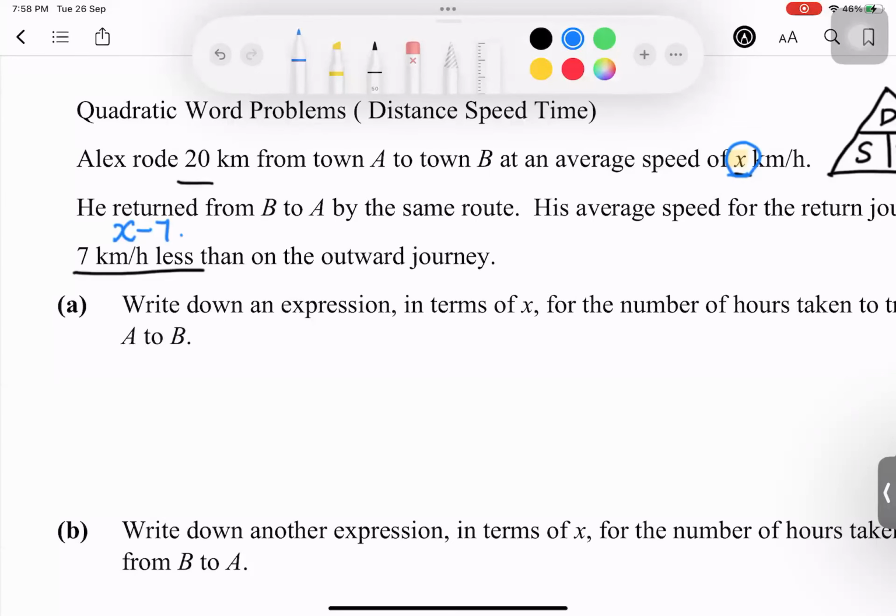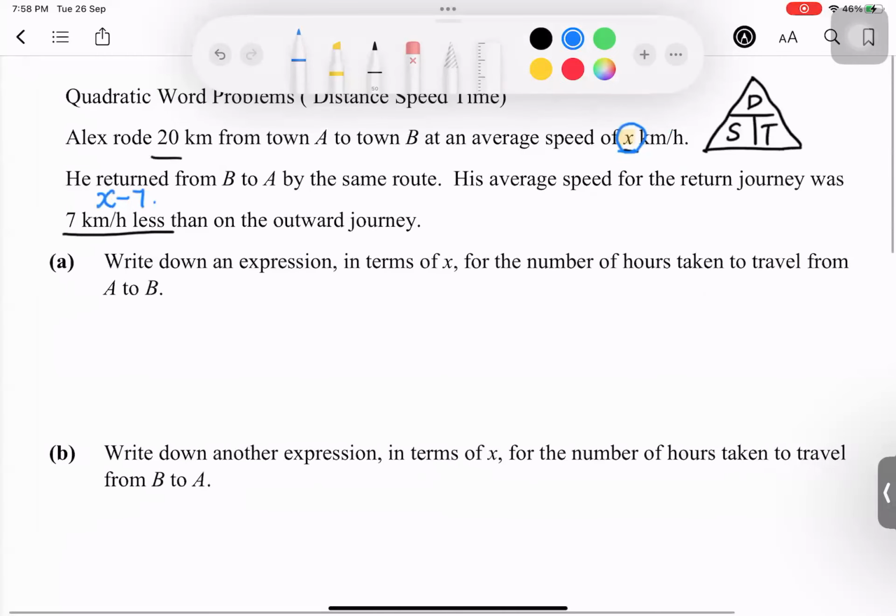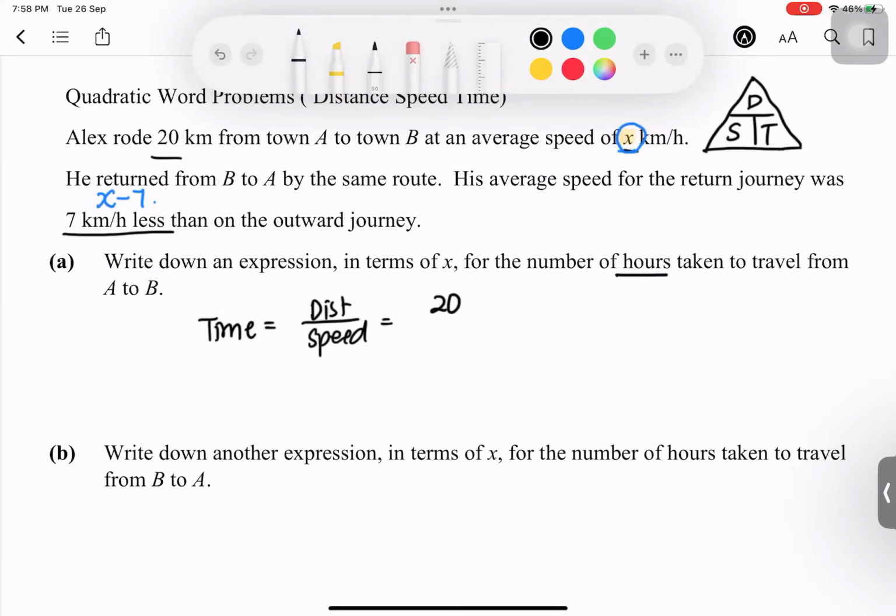The original is this one, right? So x minus 7. Okay, if this is the speed, now we want to find the number of hours. Unit is hours, right? Time equals distance divided by speed. The distance is 20 kilometers, speed in kilometers per hour.